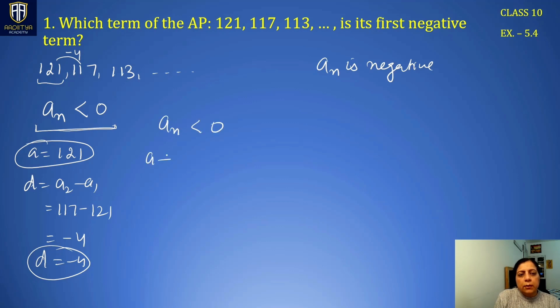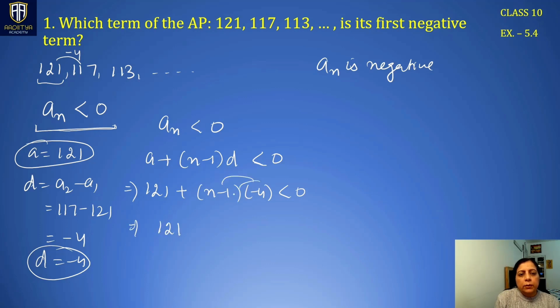So it becomes a plus n minus 1 times d is less than 0. We cannot equate it to 0 because the value is not 0, and we cannot write an as a fixed negative number because the value is not known to us. a is 121, n we have to find, and d is negative 4 in this case.